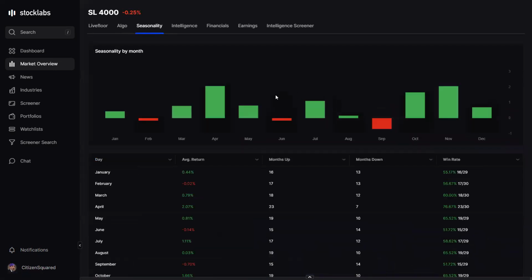Seasonality is something a lot of people find useful or popular. They just want to know what trends are in the market based on certain intervals of time, a lot of times by month. On individual stocks, we have more precise breakdowns of seasonality where we can find returns by the hour, so which hours of the day are best for either the market or a particular stock.